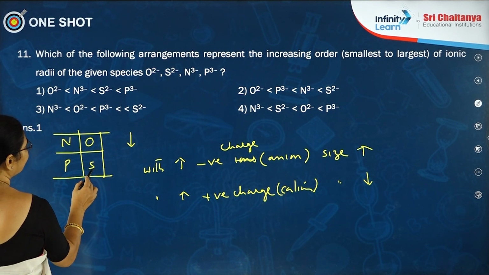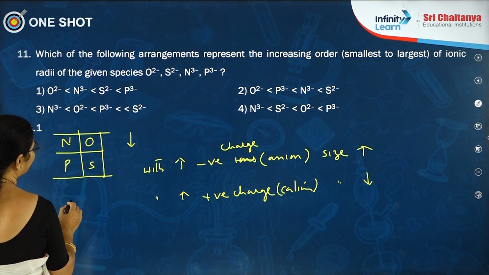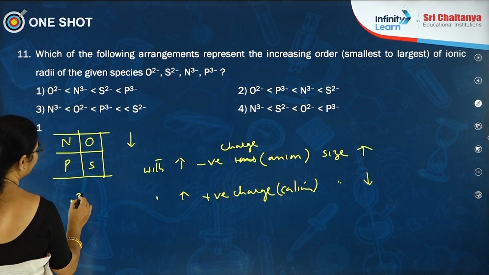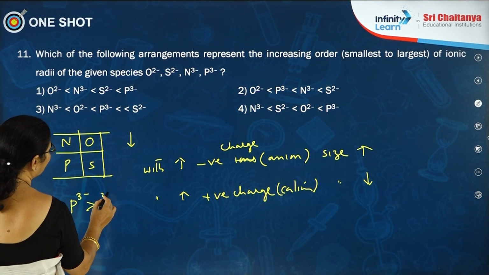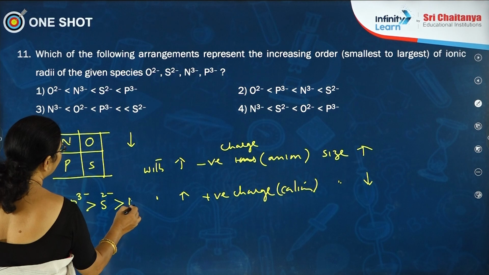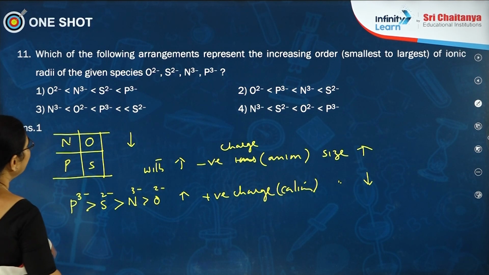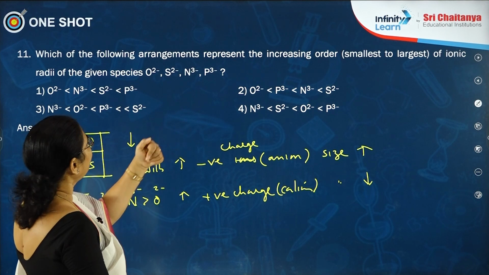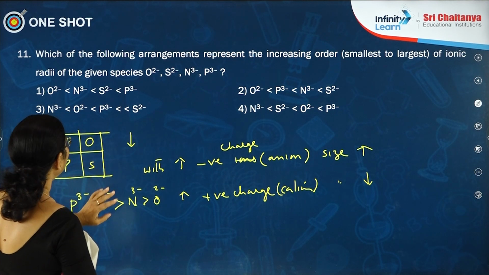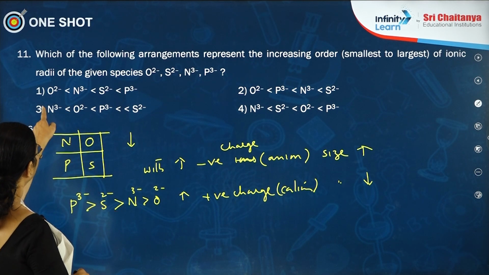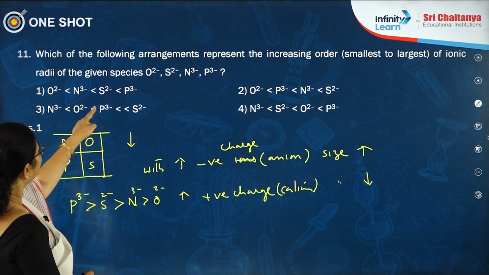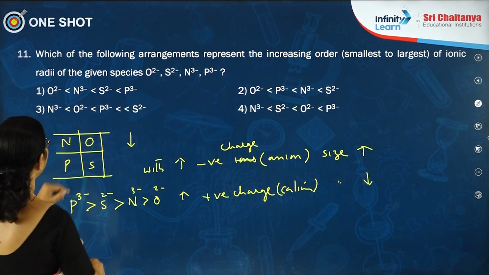So, the largest size is expected for phosphorus: P3 minus greater than S2 minus greater than N3 minus greater than O2 minus. He is asking what order? Increasing order. So, from low to high we have to take the reverse order: O2 minus, N3 minus, S2 minus, P3 minus. So, first option.